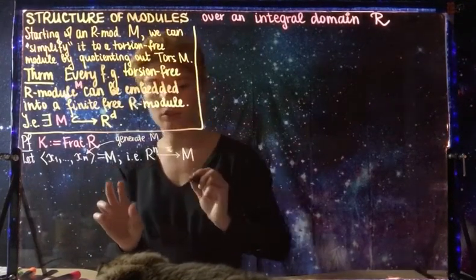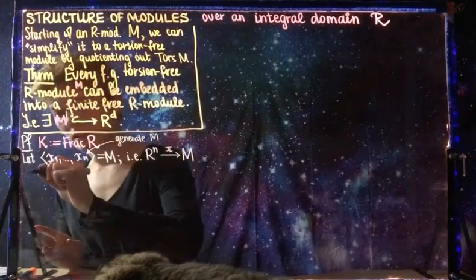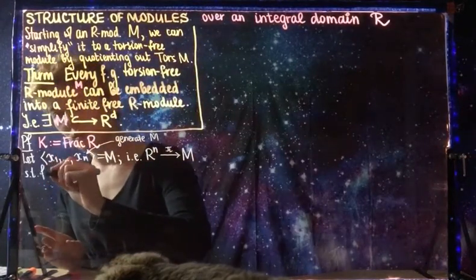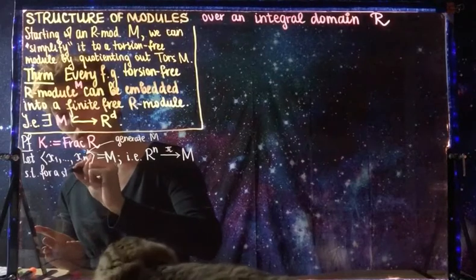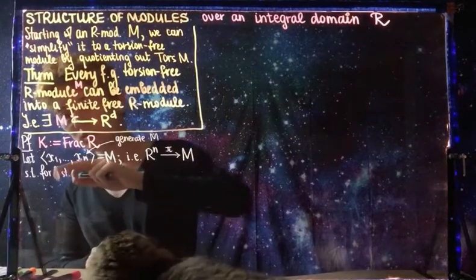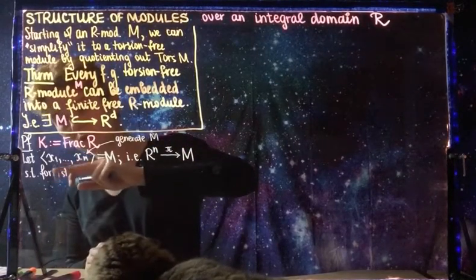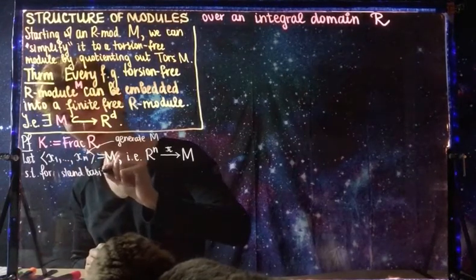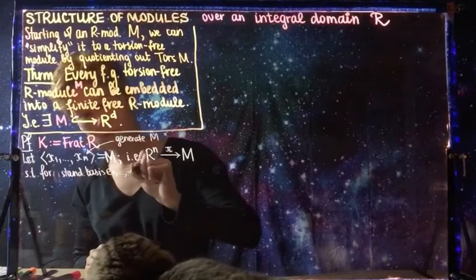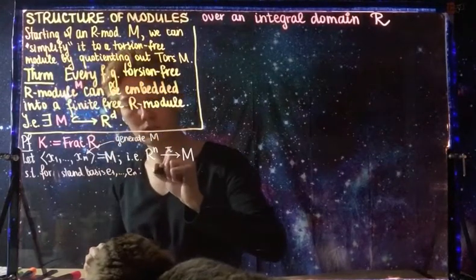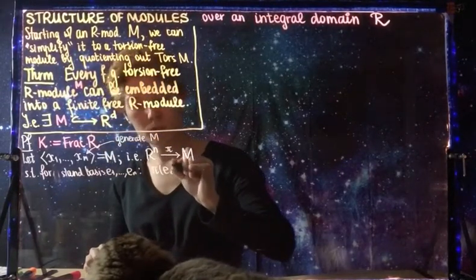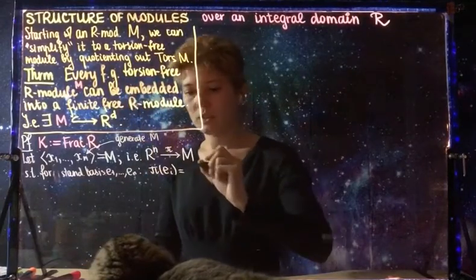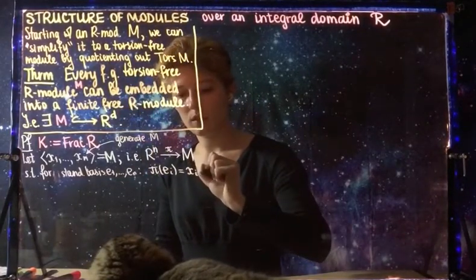I call this surjection phi, such that for the standard basis E1 through En of R^n, pi of Ei is equal to xi.